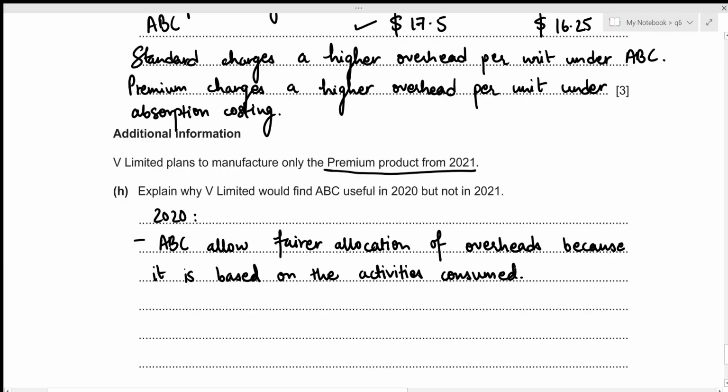And this is true because in 2020, we are manufacturing two products, standard and premium. So in this way, there is fairer allocation of overheads among these two products on the basis of the activities consumed by each of them.